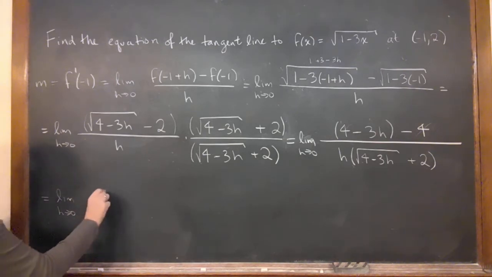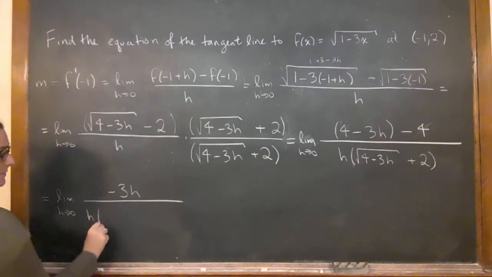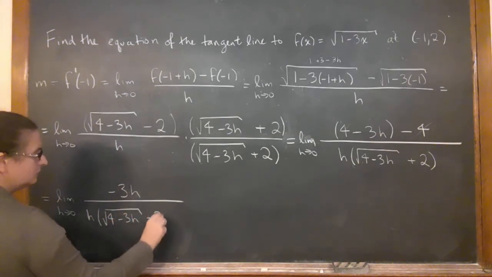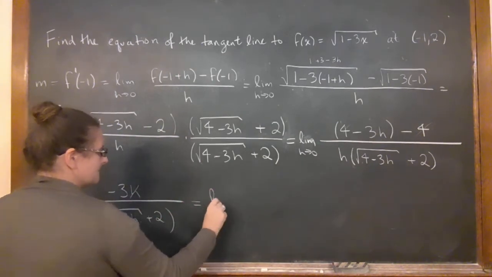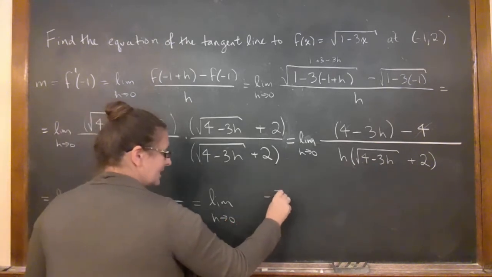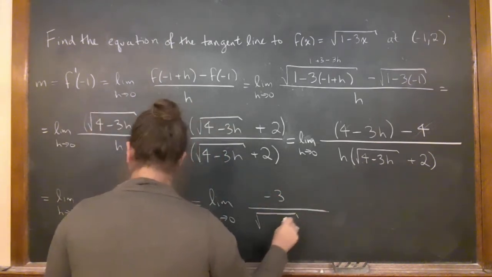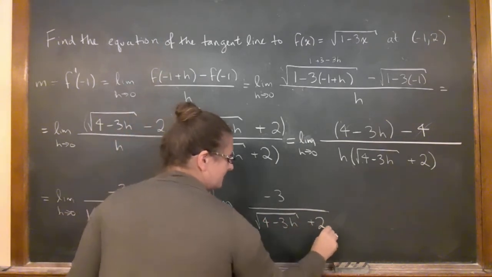And you see, now what I have is a minus 3h at the top, and then I have an h at the bottom. And then I have all this stuff. The h is canceled. Now I'm in a good spot. I've got minus 3 in the top. And the bottom, I have square root of 4 minus 3h plus 2.